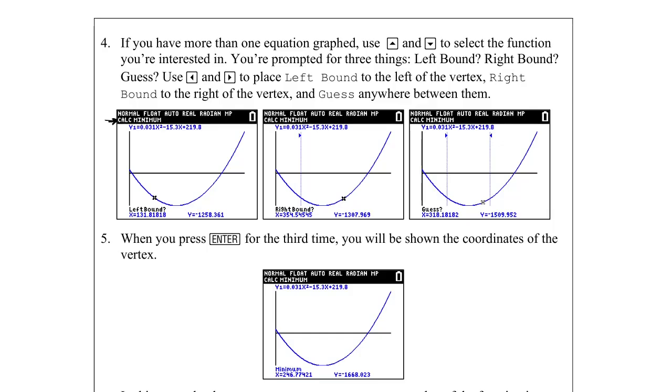We're prompted for a left bound. That needs to be left of the vertex. We're prompted for a right bound. That needs to be to the right of the vertex. And then in this case, the guess is kind of the easy one, because we only have one minimum on this graph. The guess can be anywhere in between. As long as our guess is somewhere in between the bounds, we're going to get the right minimum.